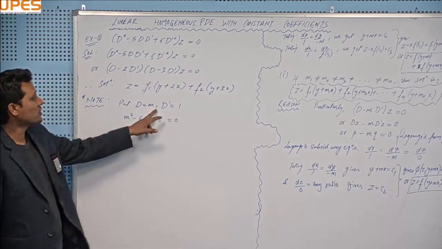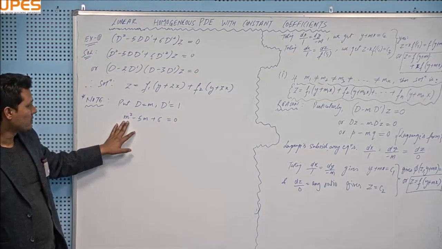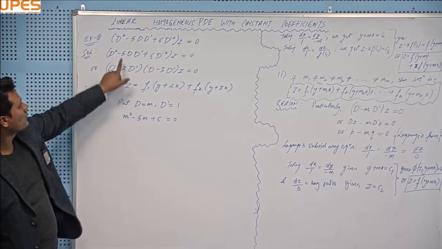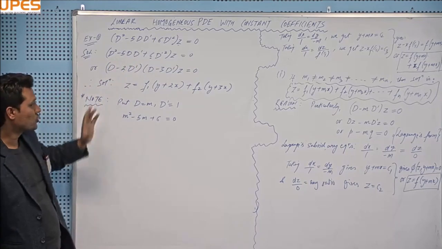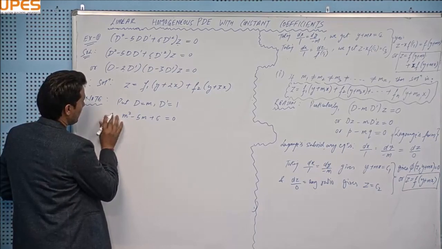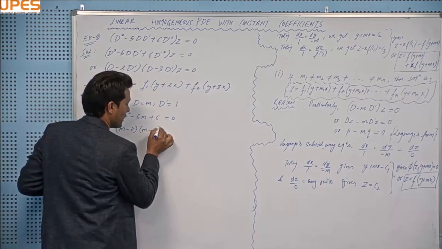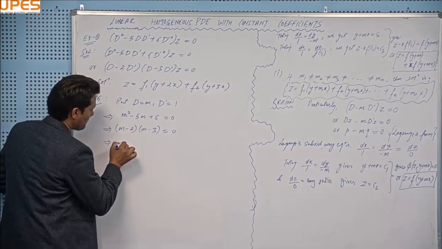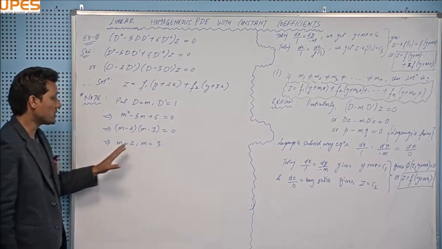Putting D equal to m and D dash equal to 1 gives a quadratic equation in m, and factorizing it is very easy compared to this, because here we get messed up with all these D and D dash. For a student this looks quite good. Then (m minus 2)(m minus 3) equal to 0, that is fine, and I get m equal to 2 and m equal to 3. Again this is fine, and we see that the roots are distinct.